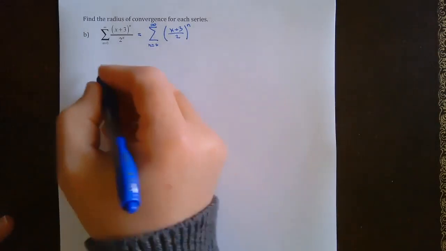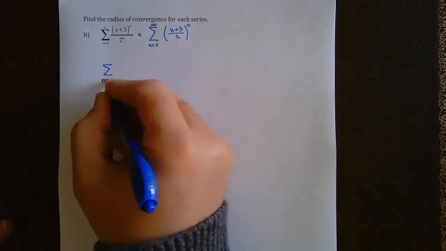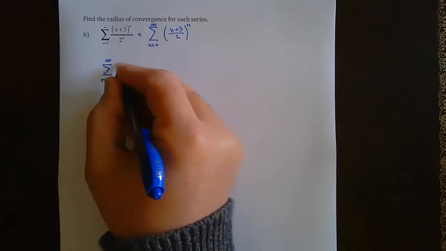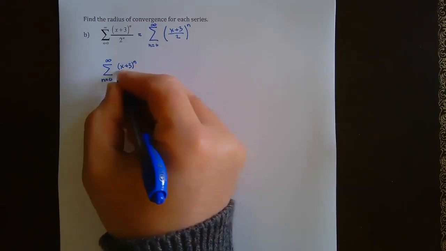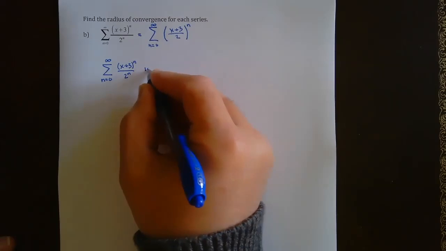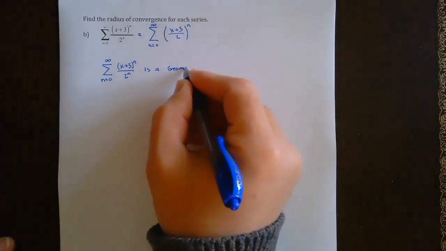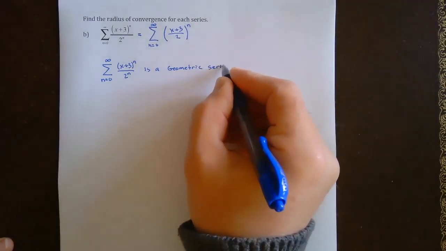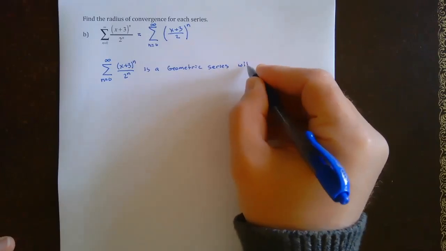So automatically we know that sigma n equals 0 to infinity of x plus 3 to the n over 2 to the n is a geometric series with r equal to x plus 3 over 2.